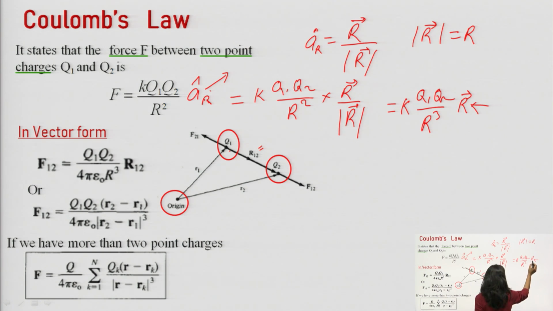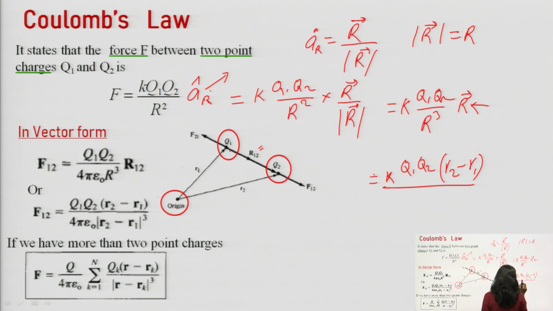So we can write this in terms of position vector also. That is, this F will be equal to k q1 q2, and we can write this r value as r2 minus r1, and below, this r is nothing but the magnitude of this.